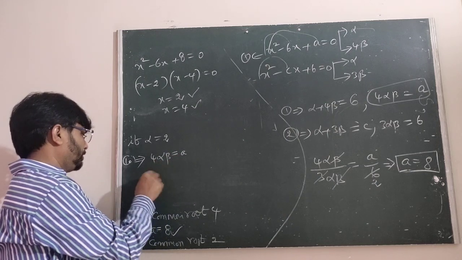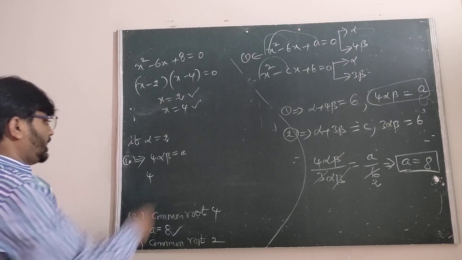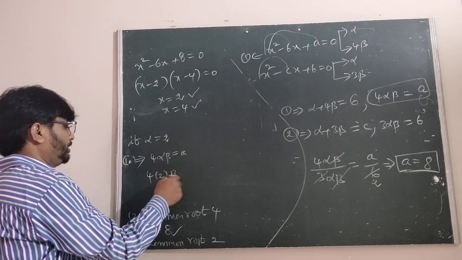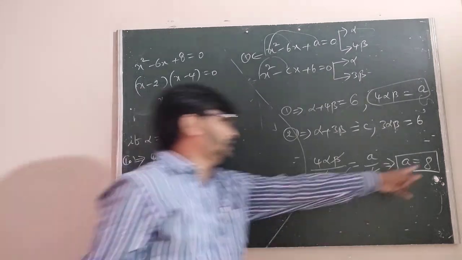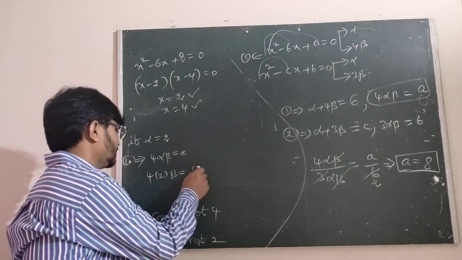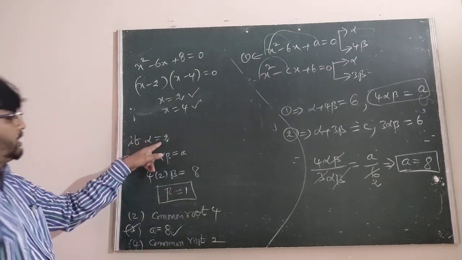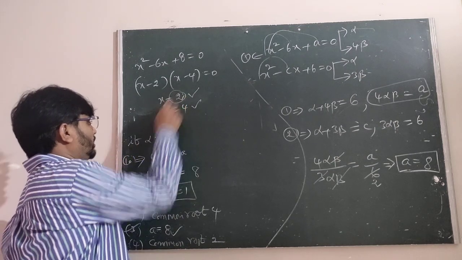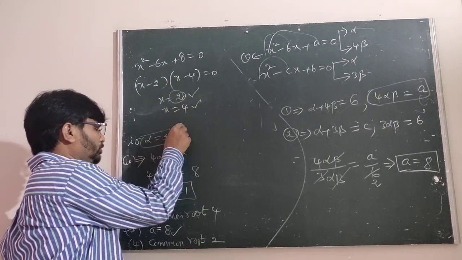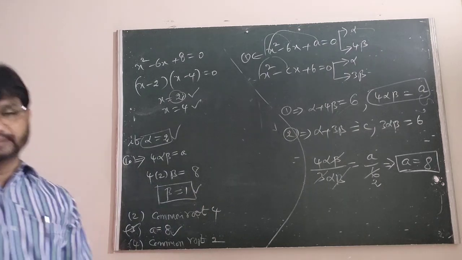We know that 4 into alpha is 2, and a value is 8. That means the beta value equals 1. When we take the common root x equal to 2, if we take alpha equal to 2, then beta is 1.